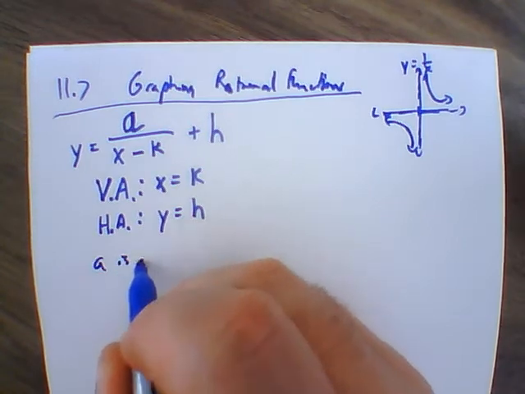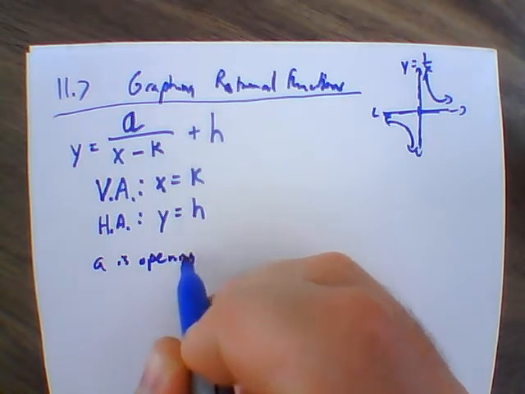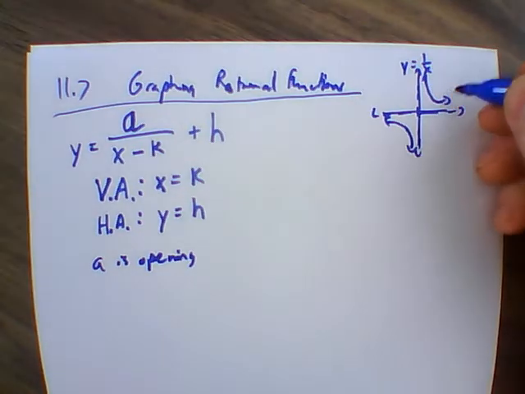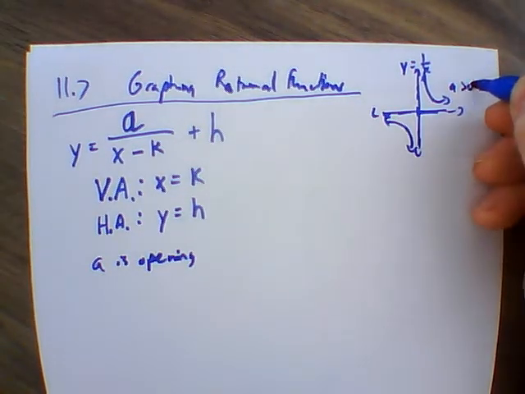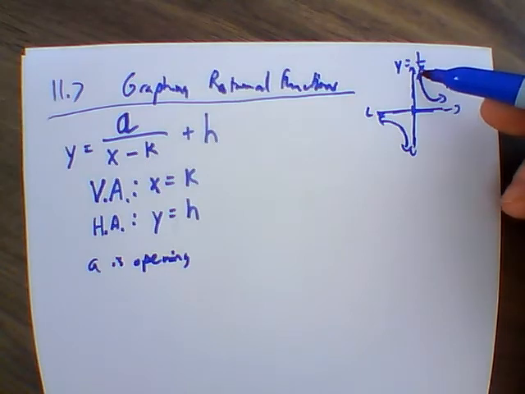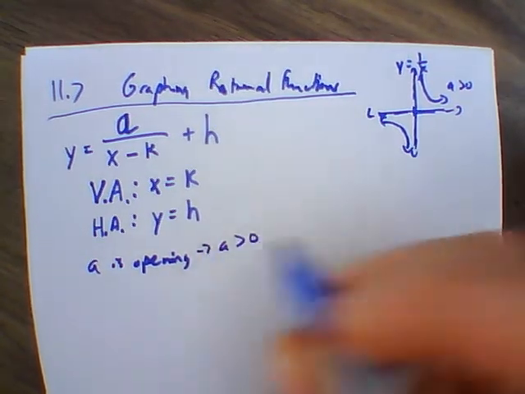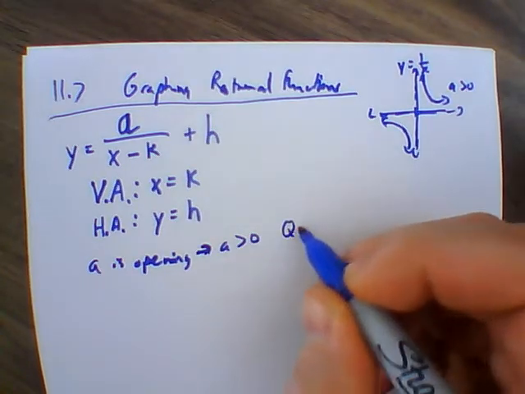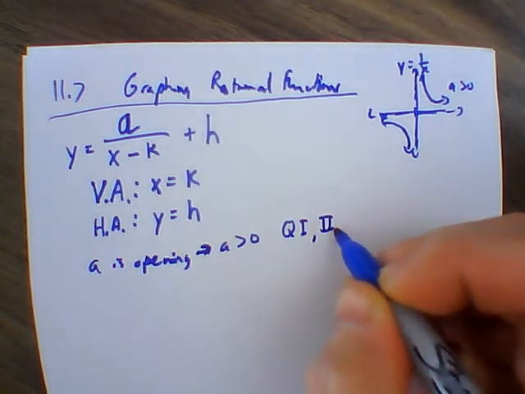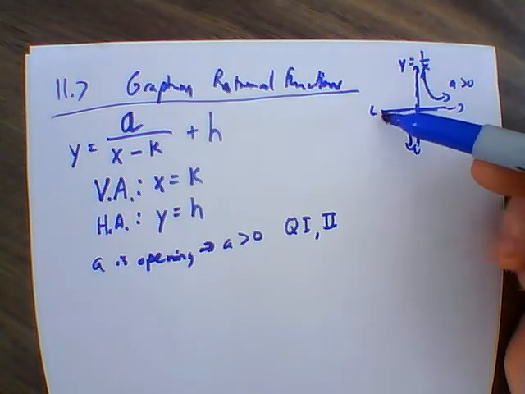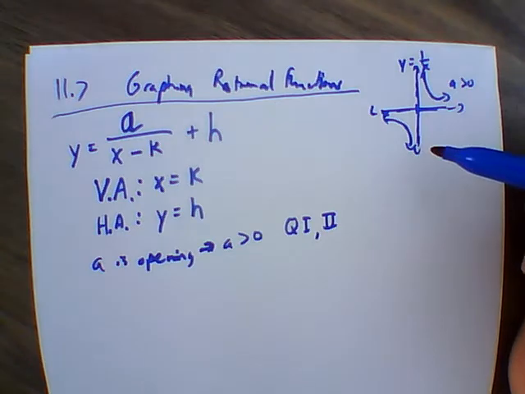Also, a is our opening. Like in the past, when a tells us our curve, it's doing the exact same thing here. As I discussed in the previous lesson, when a is greater than 0, we go in quadrants 1 and 3. Now when I talk about quadrants, I'm talking about the quadrants of my asymptotes.